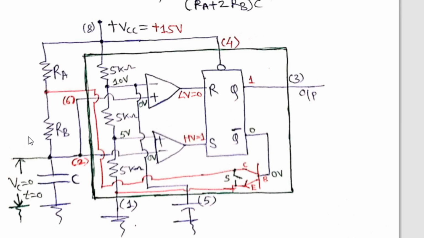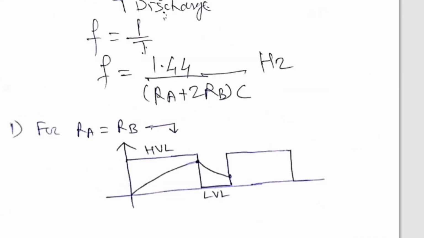So during the discharging process of capacitor C, RB takes part, RA does not take part. That's why in the formula, you'll observe that F is equal to 1.44 divided by (RA plus 2 times RB) into C.